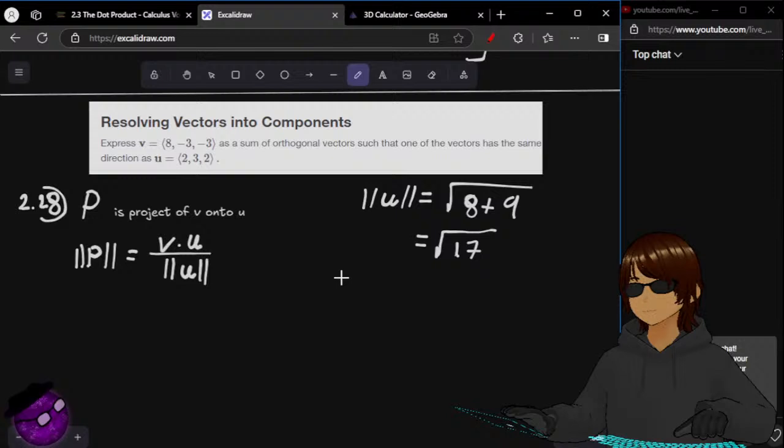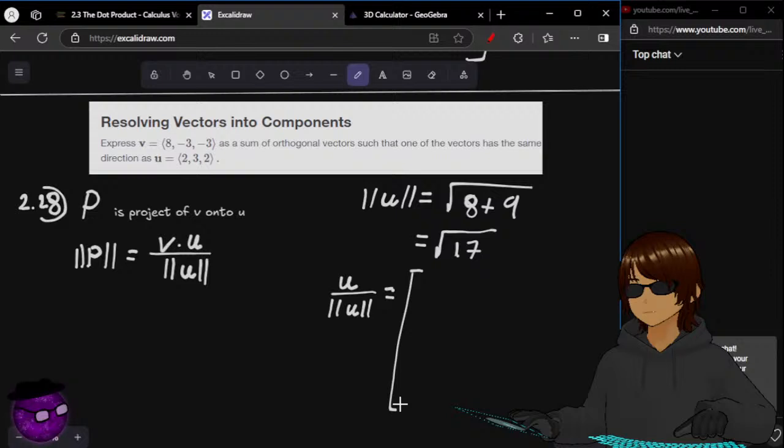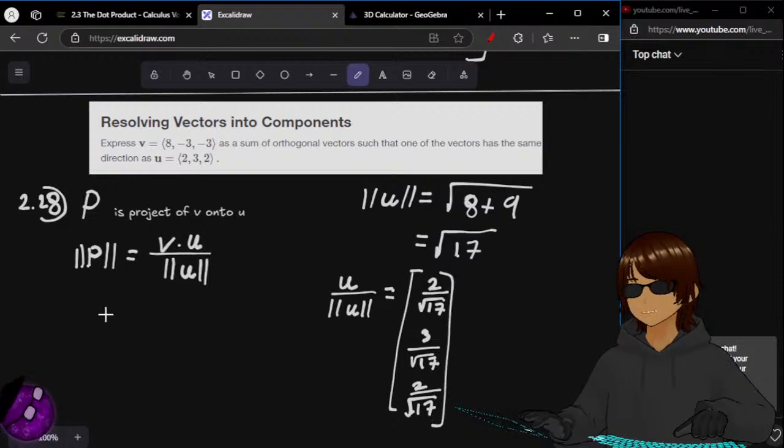And then if we do U, we get 2 root 17. This is the unit vector in the direction of U. And then the dot product of V and U is 8 times 2, 16. 3 times 3 is 9.